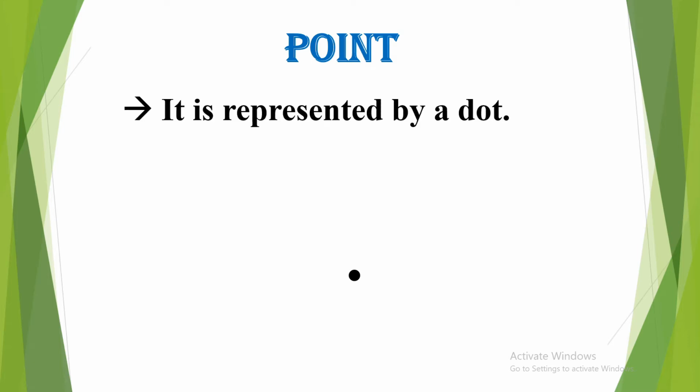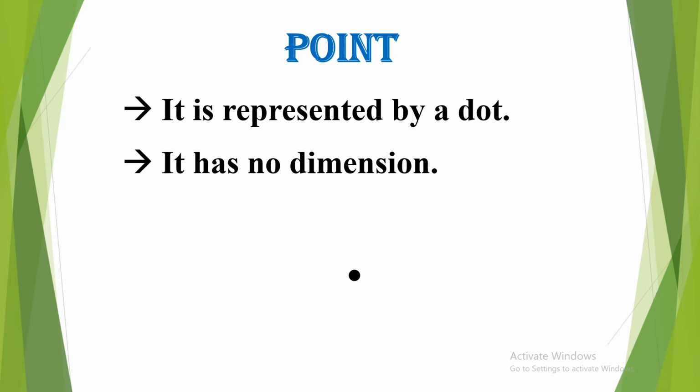When we say point, it is represented by a dot. Take note, it has no dimension. It does not have a length, nor a width, nor a height, nor a thickness. But a dot can be a larger one or a smaller one.